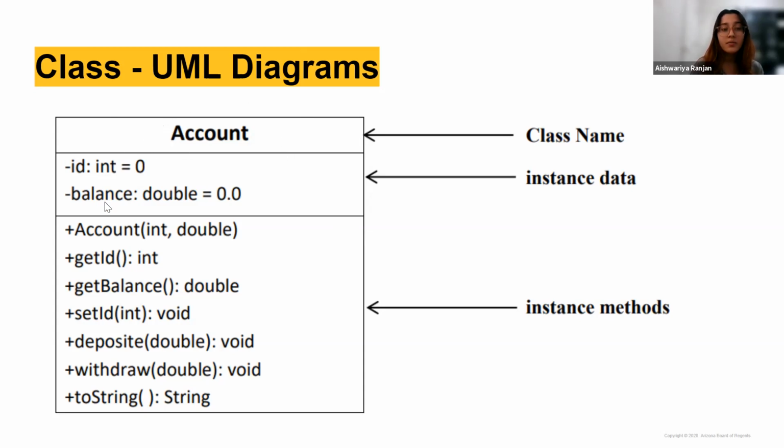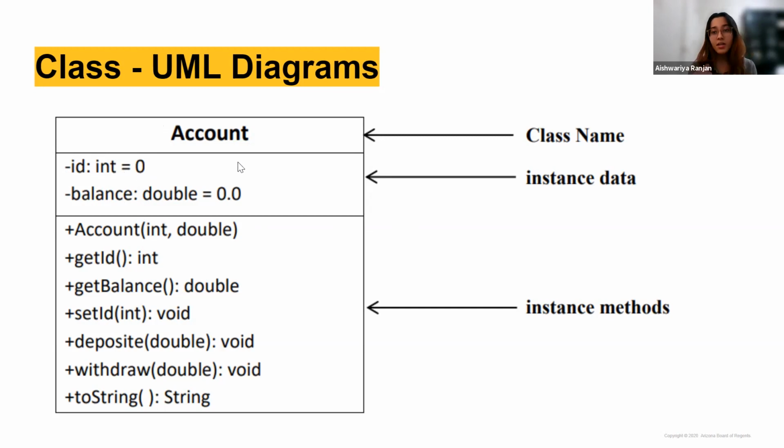Here are the variables which will be declared inside the class. As you can see, ID colon int equals 0. So you have a variable ID of the type integer, and it's initialized to 0.